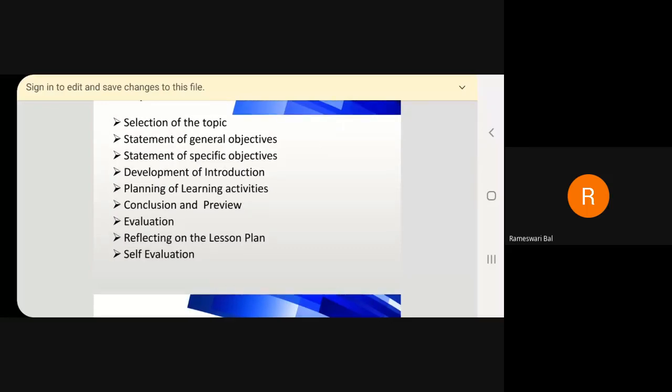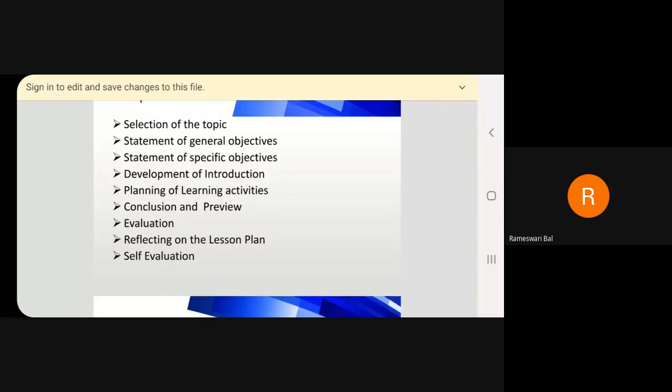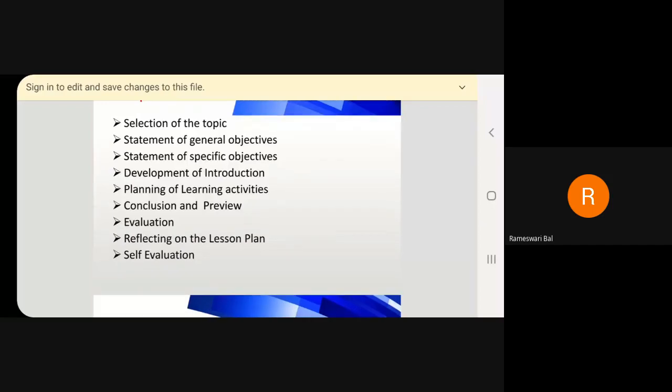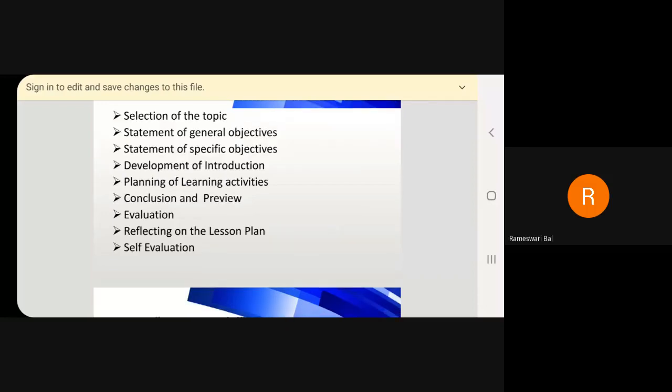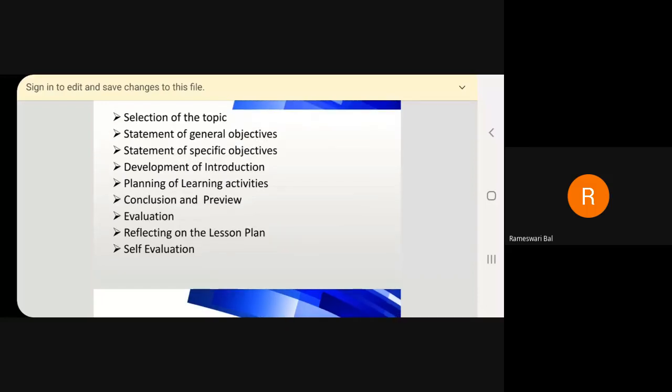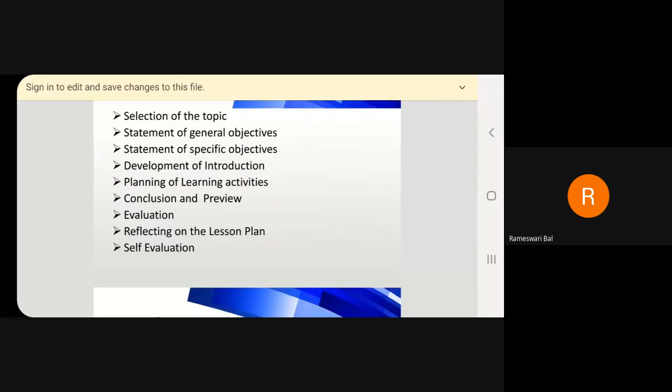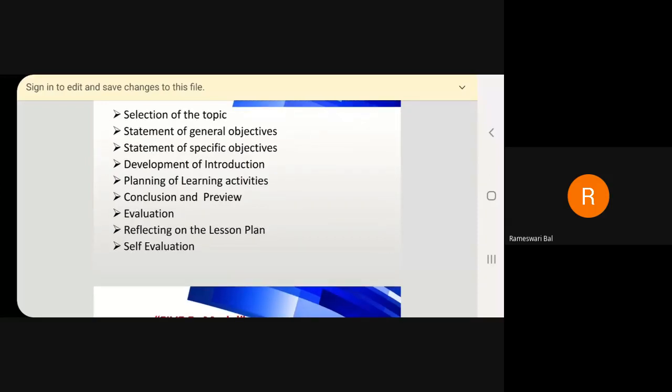So for that purpose, we conduct the evaluation at the end of every lesson, and that is known as objective based evaluation. Suppose I have taken an objective based on the cognitive domain and knowledge, here in the evaluation I have to frame a knowledge level question.